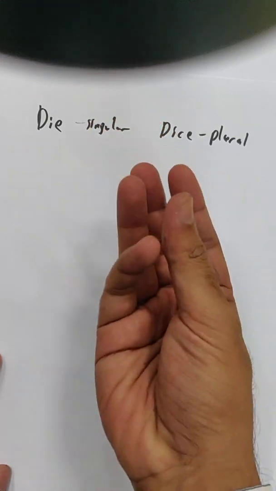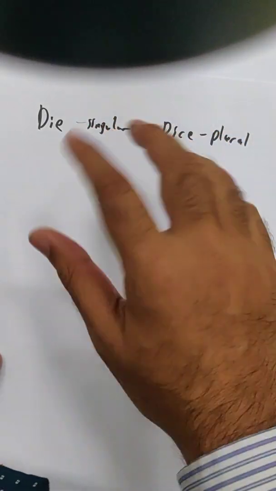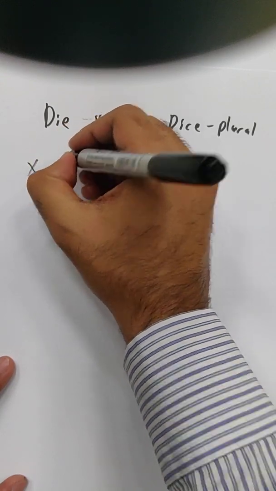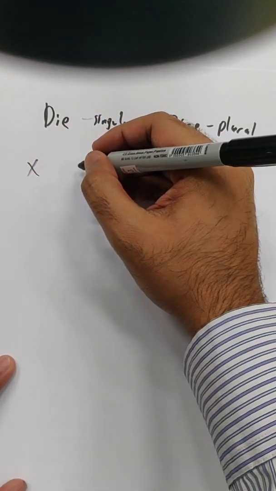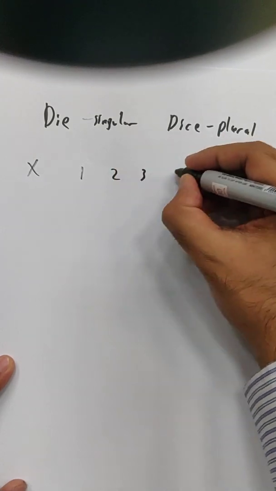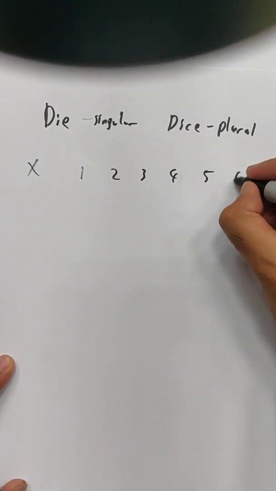Okay, if you've got a single die, which is a 6-sided die, don't die, okay? You can get what numbers on a die? 1, 2, 3, 4, 5, and 6.